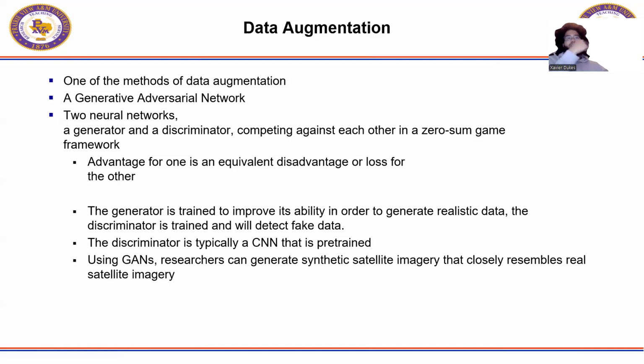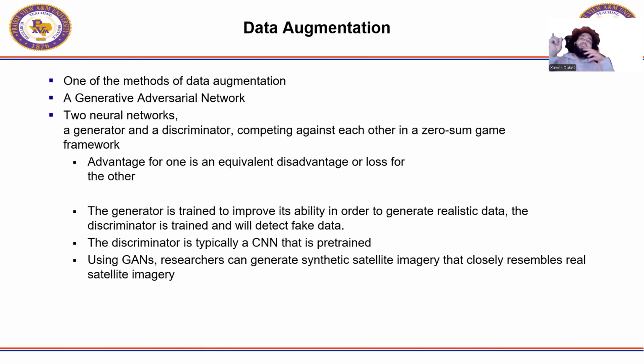The generator is trained to improve its ability to generate realistic data. The discriminator is trained to detect fake data. If the generator fools the discriminator, then the generator gets a point and the discriminator loses one.